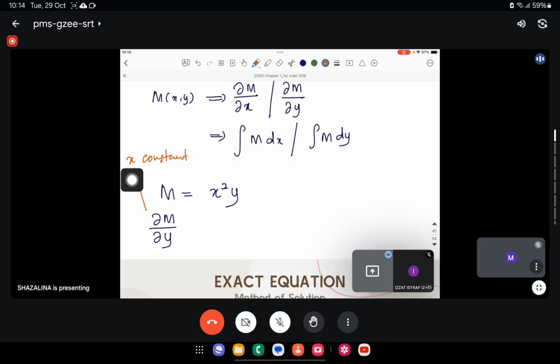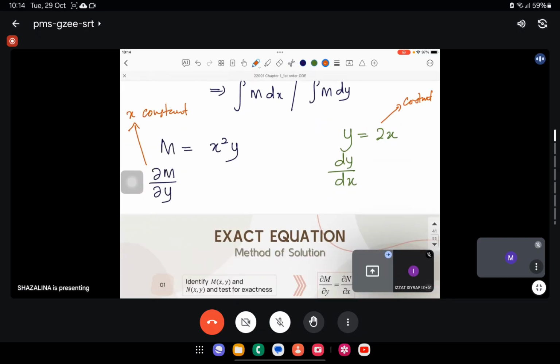Okay, what does that mean? Alright, I'll show you one more example. y equals 2x. We want to differentiate dy with respect to x. So we can see here, 2 represents a constant. Here, this is a constant.